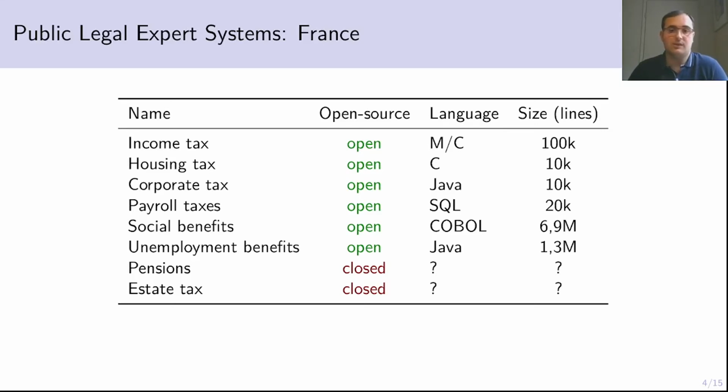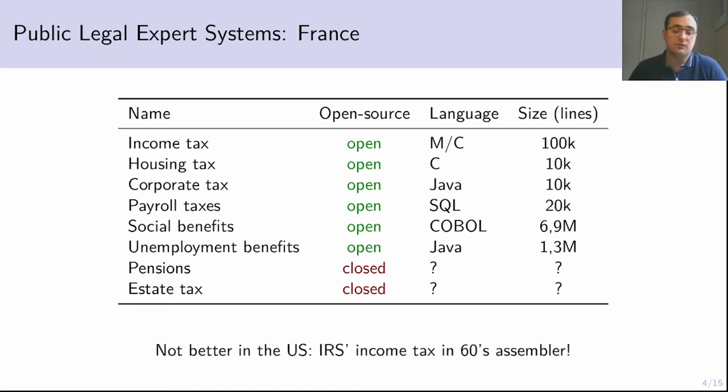They are coded in diverse languages, which can be very old, like COBOL, and their size is very respectable. We're talking about dozens or hundreds of thousands or even millions of lines of code. And the US situation is no better. The IRS income tax is implemented in assembler for a computer from the 60s.